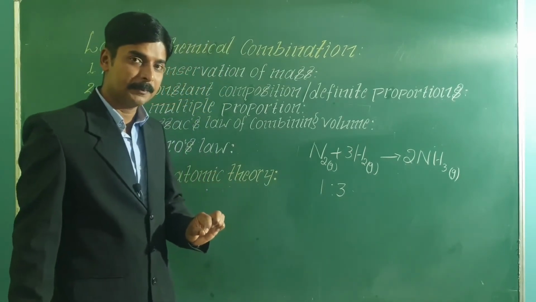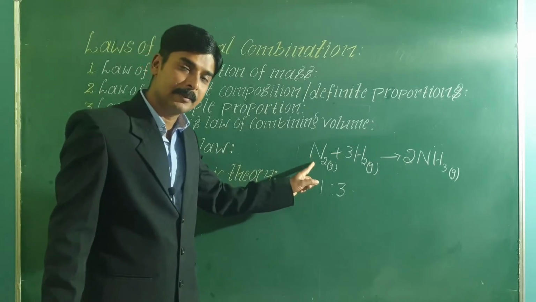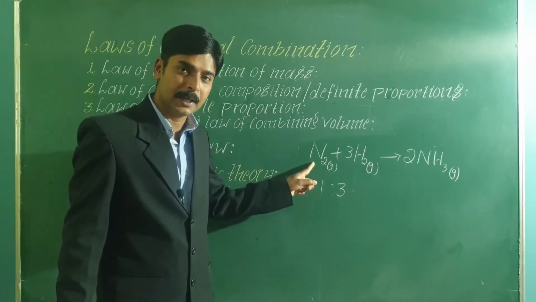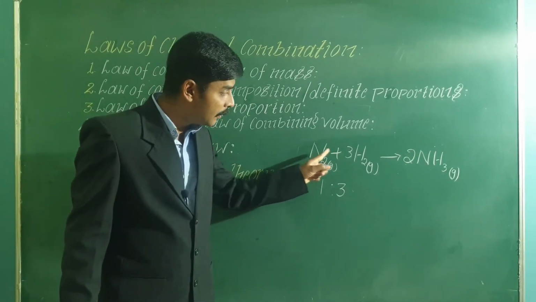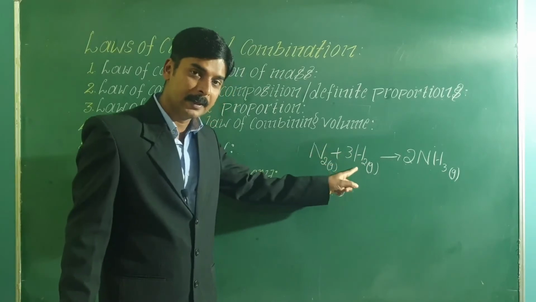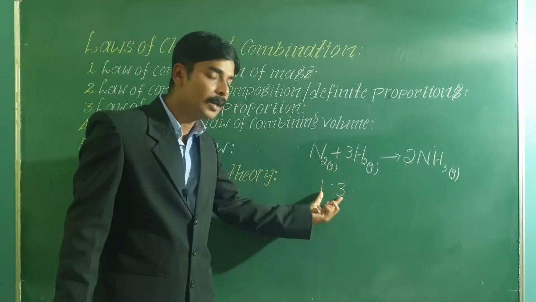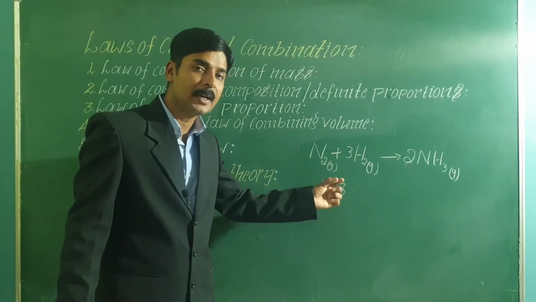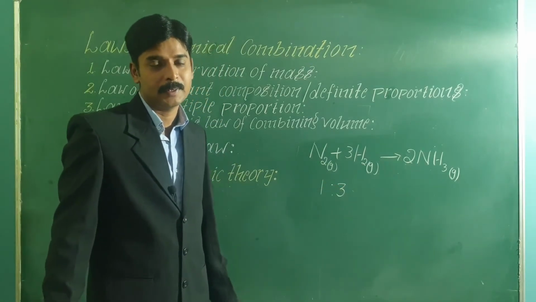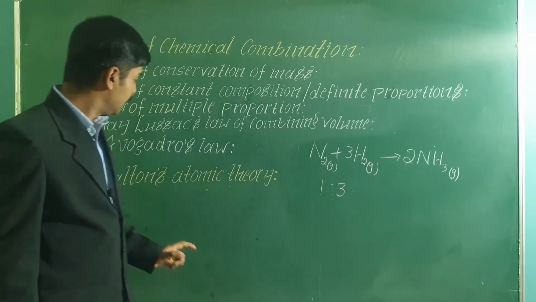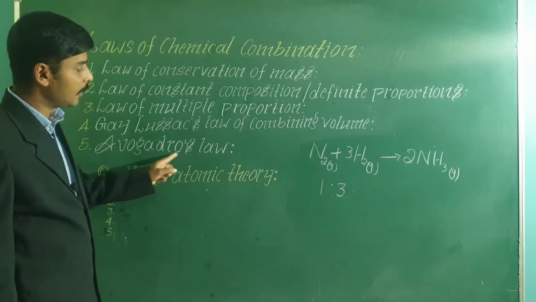I'll repeat once again. Under similar conditions of temperature and pressure, whenever gases combine, they always combine in a simple whole number ratio by volume. Is it clear? Fine. The last law is Avogadro's law.